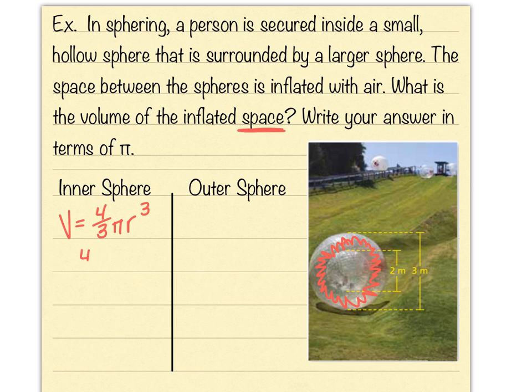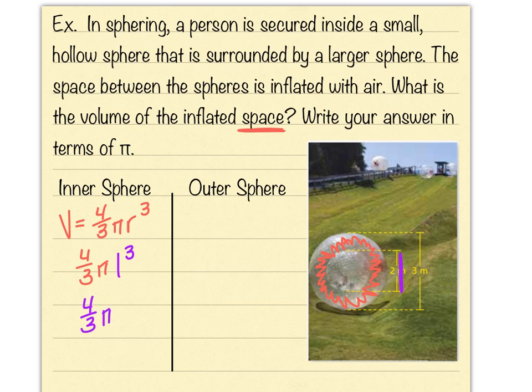So 4/3 pi, and the diameter of the inner sphere is 2, so the radius would be 1. And 1 cubed is 1, times 4/3 is just 4/3 pi. That's the volume of the inner sphere.